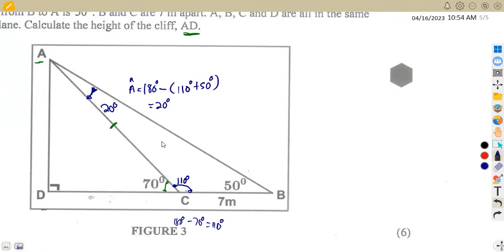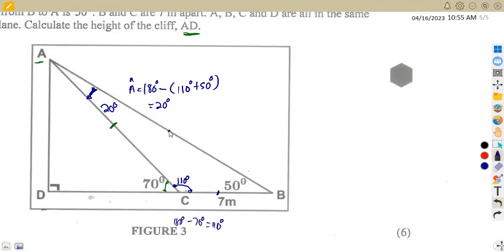Okay, so according to this information, we have 20 degrees here, which corresponds with 7 meters, in a non-right angle triangle. ABC is a non-right angle triangle. ADC or ADB, these are the right angle triangles, not ABC. ABC is a non-right angle triangle, which means we can apply the sine rule to calculate either this side AC or this side AB.